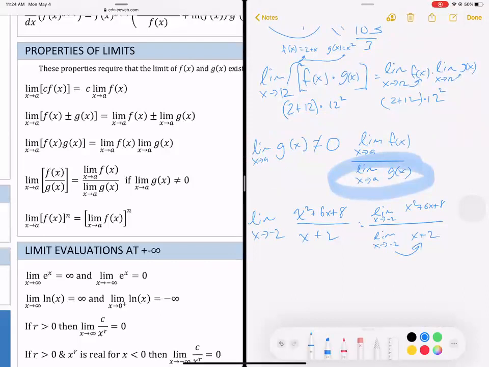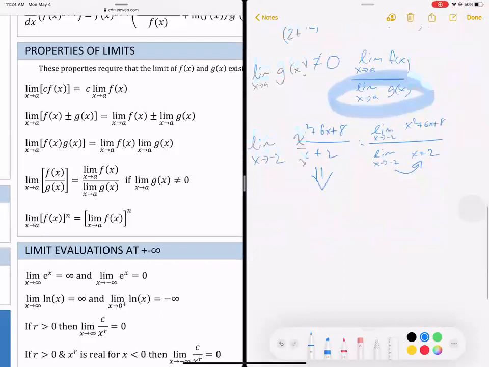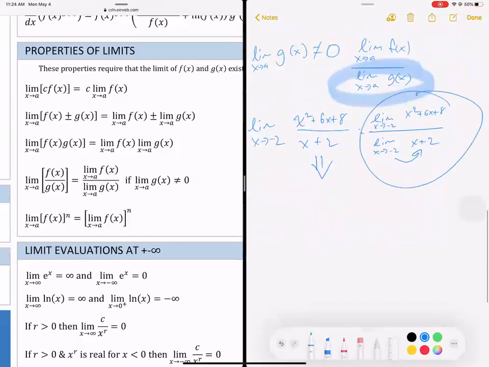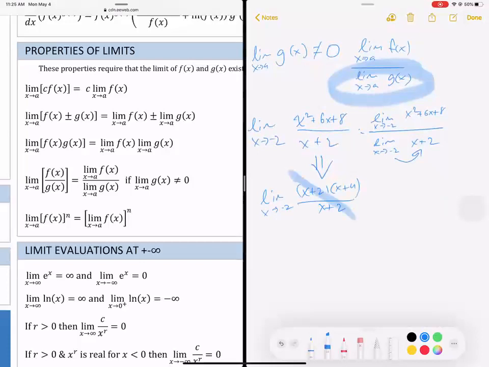So what we did is we didn't go forward with it. Instead of plugging in, we tried reducing first. Limit as x approaches -2. And instead of breaking apart, we said, let's just factor it and see if we can simplify it first. Now we can rewrite it as the limit as x approaches -2 of x plus 4.